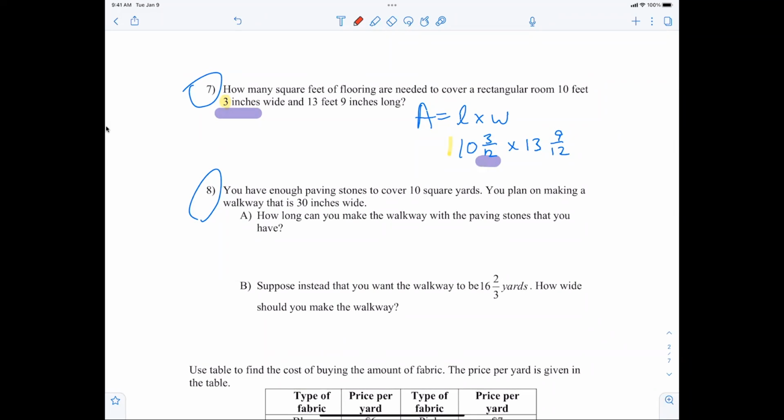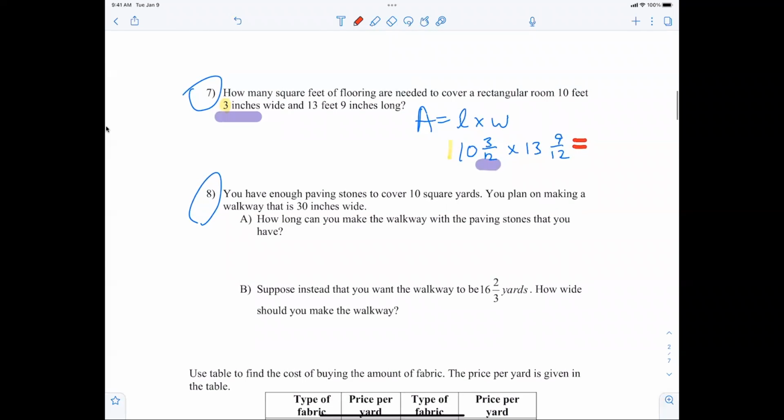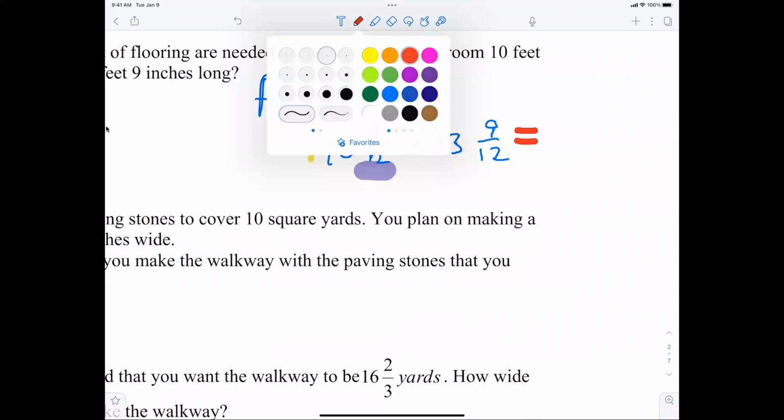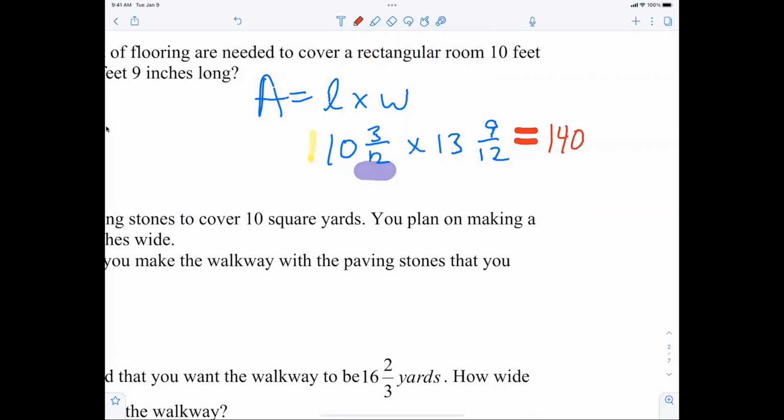Now, on your calculator, if you type in 10 and 3/12 times 13 and 9/12 and hit the equal, you should be able to tell me what that came out. 140 and 15/16. Now that would not give you the correct answer, believe it or not.